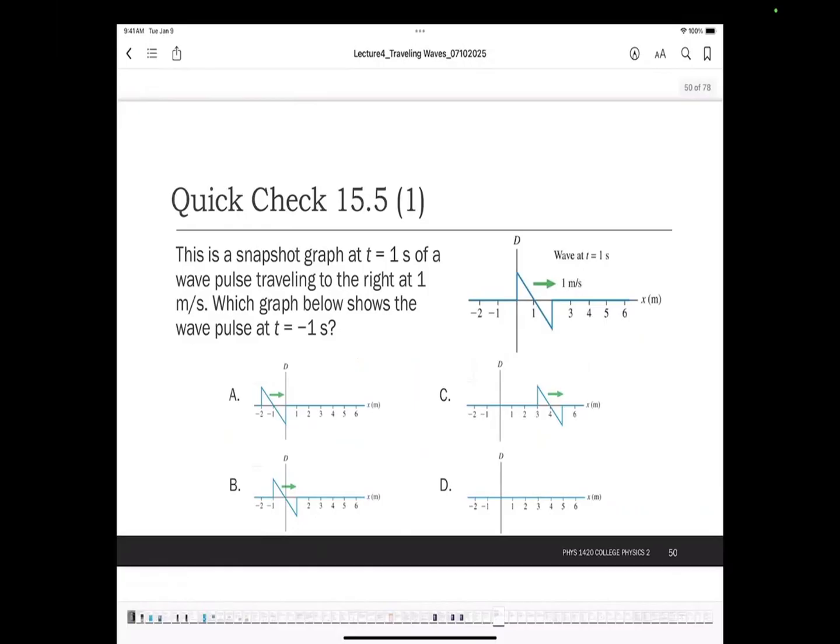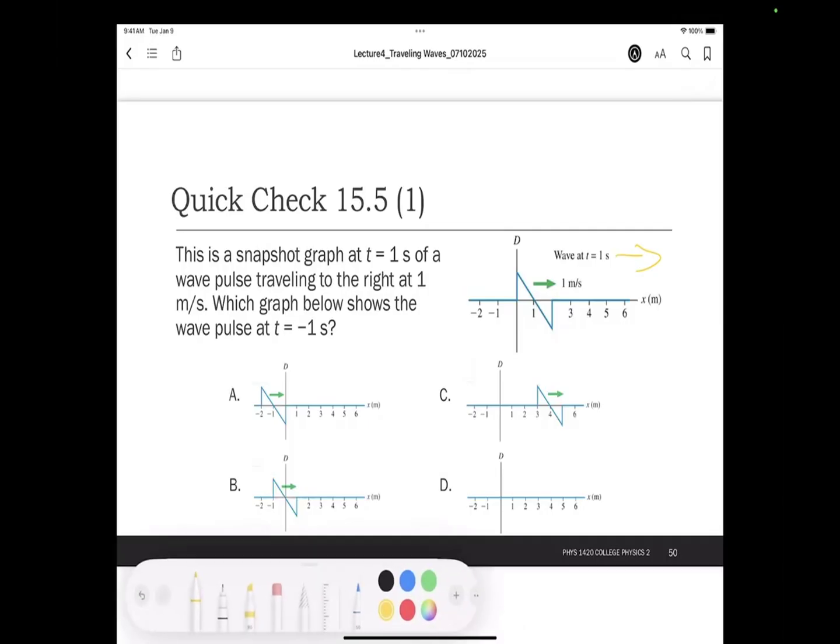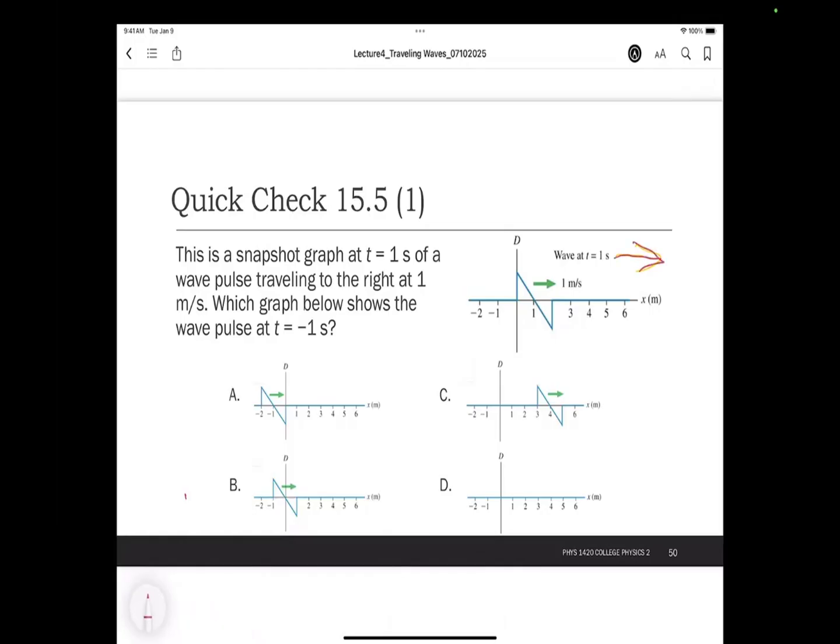This wave travels in this direction. This is when t equals 1 second, and the speed is 1 meter per second, which means at 0 seconds it will be back 1 meter. Does it make sense to you?